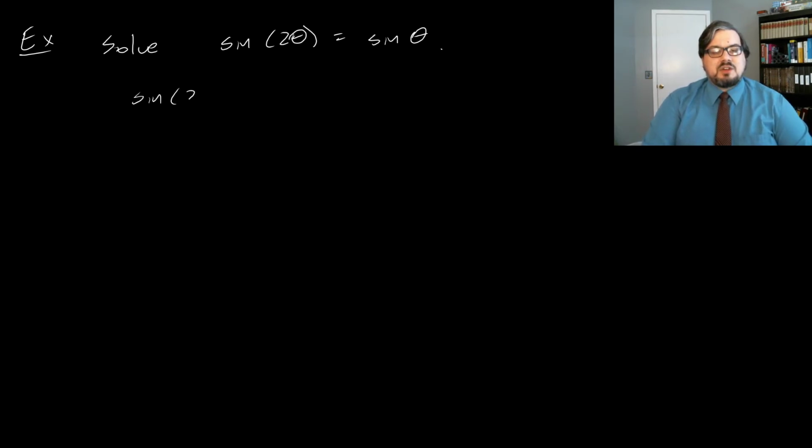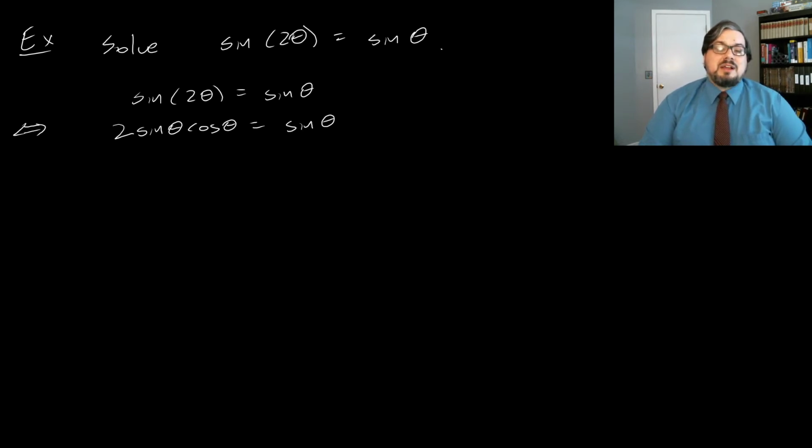So if we want to solve the equation sine 2 theta equals sine theta, what we can do is first replace that sine 2 theta with 2 sine theta cosine theta equals sine theta. And now our expression only involves sine of thetas and cosine of thetas, and we can try solving it in our standard ways.